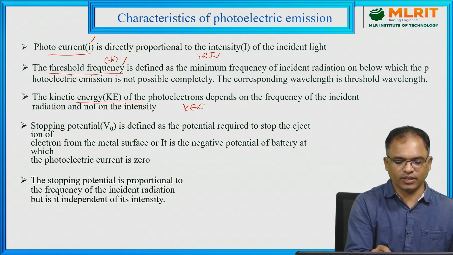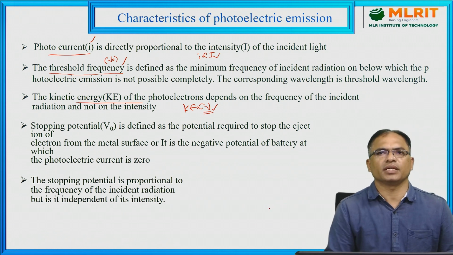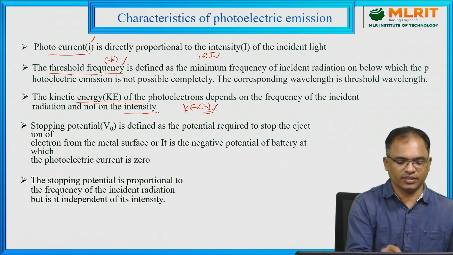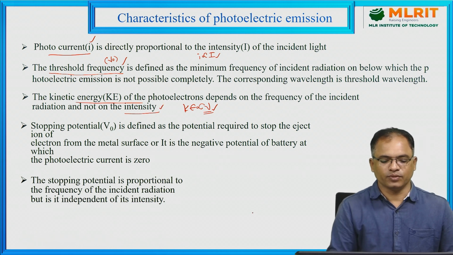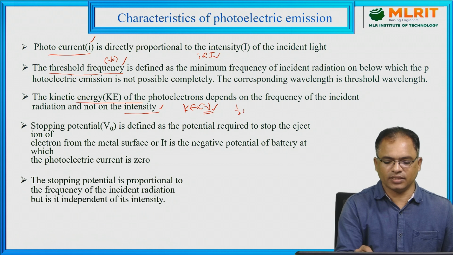The third one is kinetic energy of photoelectrons. Kinetic energy of photoelectrons is always directly proportional to frequency of the incident radiation and it is independent of intensity of incident radiation. Kinetic energy of the liberated electrons. So kinetic energy is always taken as half mv square.